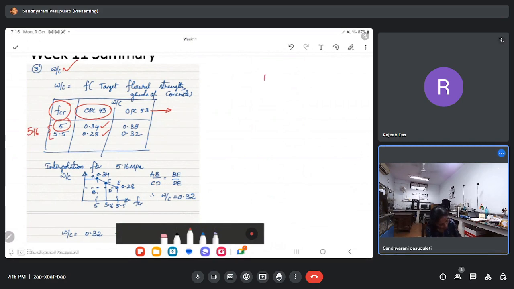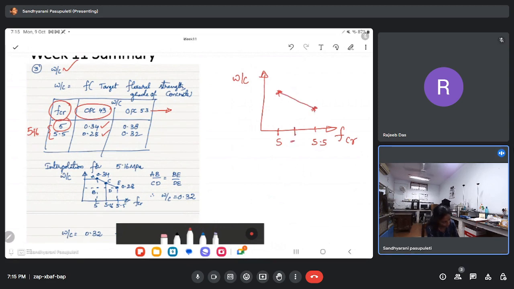How do we do this? Take the water to cement ratio on the y-axis and the target flexural strength on the x-axis. At 5, we already have a water to cement ratio from the table, and at 5.5, we also have one.